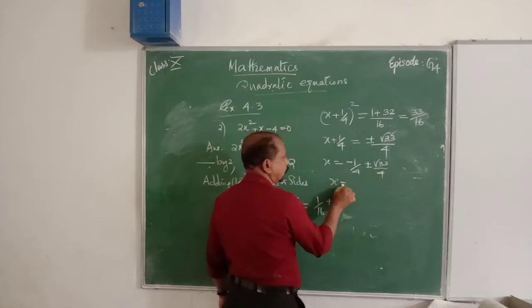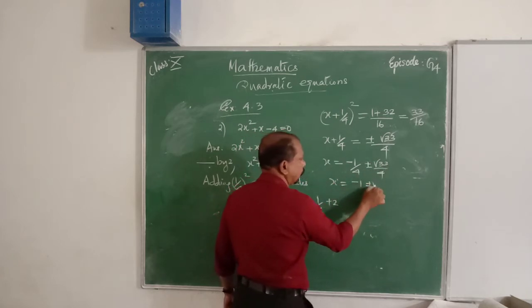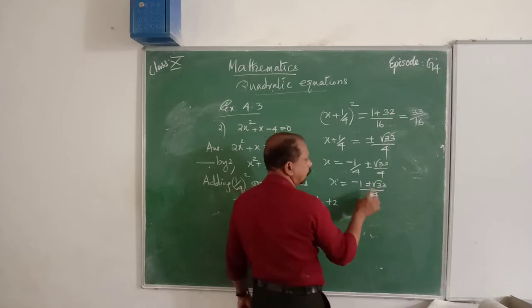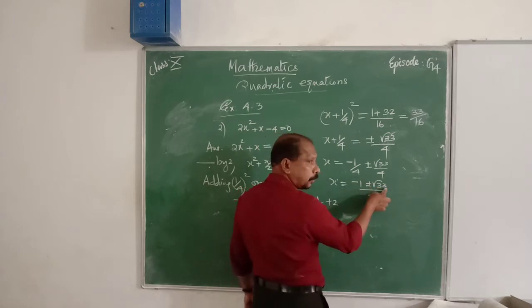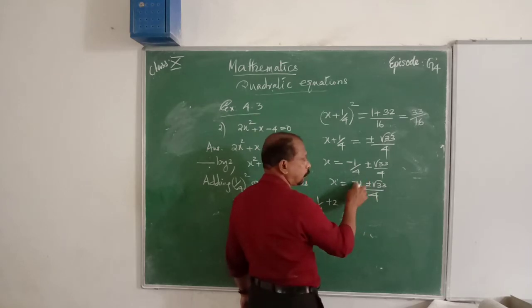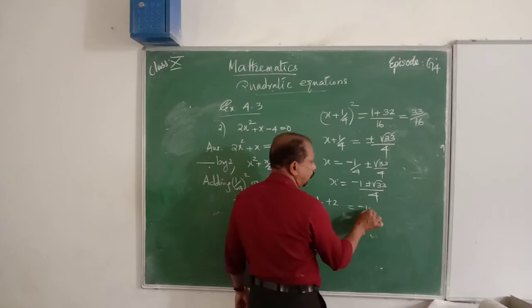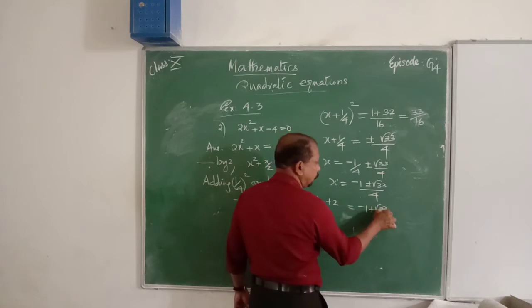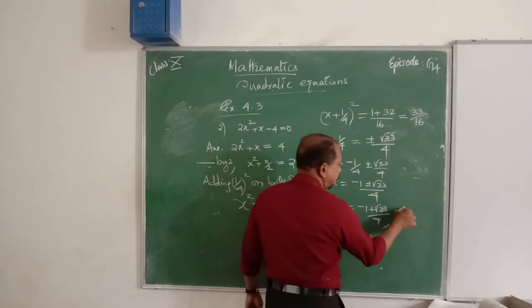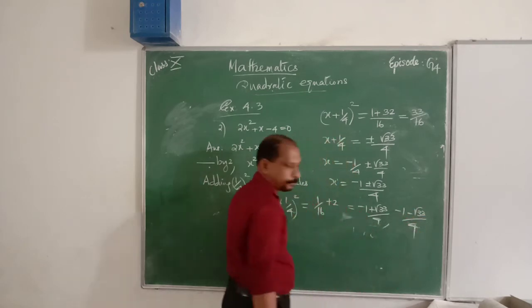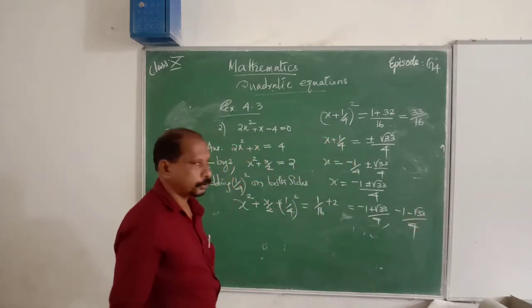That is equal to minus 1 plus or minus root of 33, by 4. That is, minus 1 plus root of 33 by 4, comma, minus 1 minus root of 33 by 4. These are the solutions.